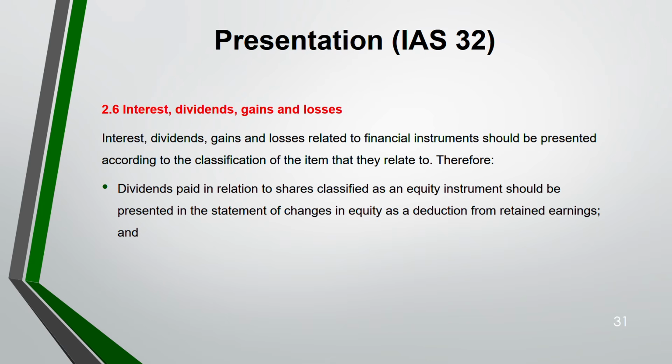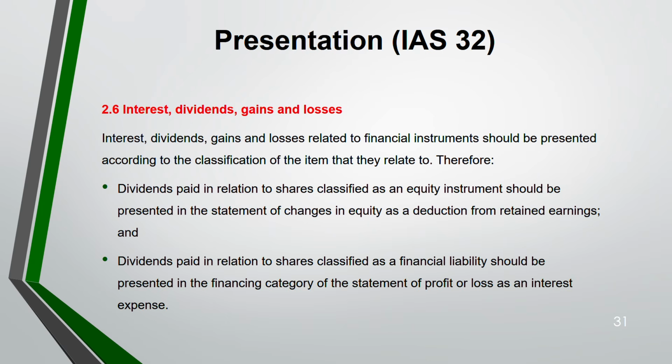Therefore, if there are any dividends that are paid in relation to shares that are classified as equity instrument, remember shares can be your financial asset also. Shares can be your equity instrument also. But if your shares are presented as equity instrument, then the dividends that you have to pay for those shares, you will show them in the statement of changes in equity as a deduction from your retained earnings because you are paying the dividends.